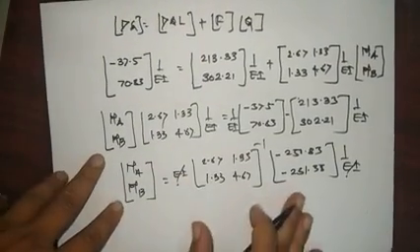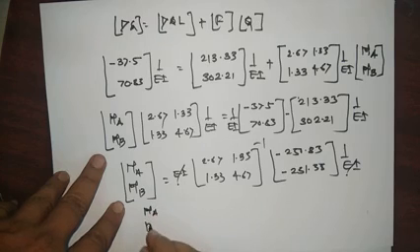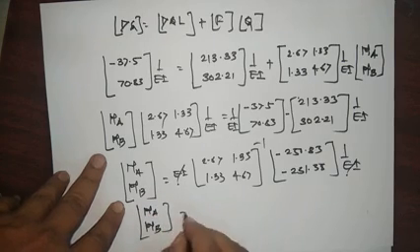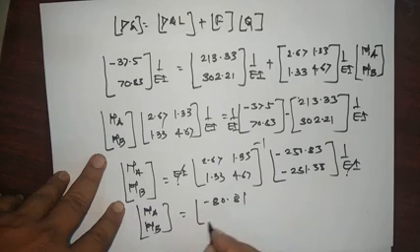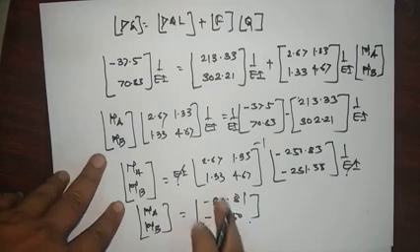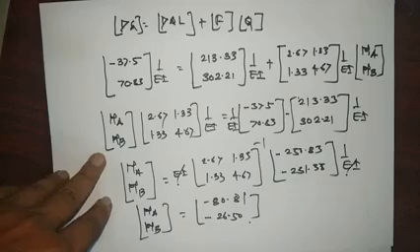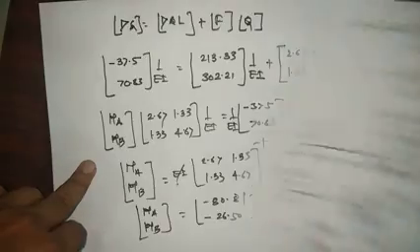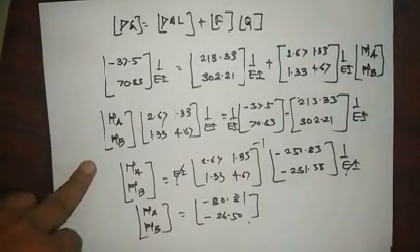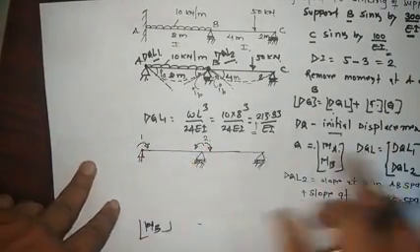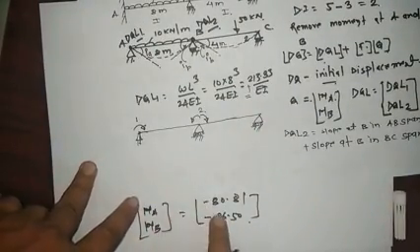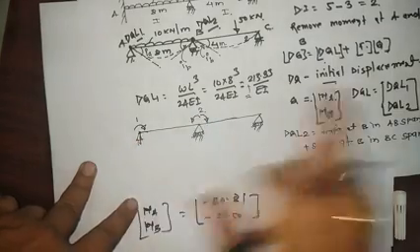So now we have the values of MA and MB, which are minus 80.81 and minus 26.5. Now what does the minus indicate? We assumed the direction of rotation like this, all sagging, but minus means the moments produced at A and at B are hogging.